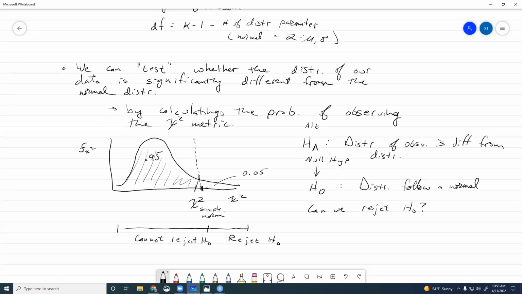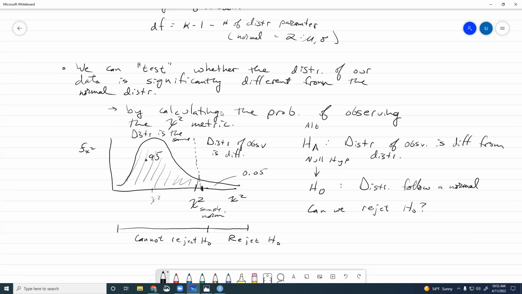So if we see a really extreme chi-squared value, that means our values diverge from the normal distribution. The expected values diverge from a normal distribution. And so if you're in this region, then say it's over here, then we say, nope, it's not different from a normal distribution. So we cannot reject the null hypothesis. And in fact, it does follow a normal distribution. So over here, the distribution of observations is different. And here, the distribution is the same.